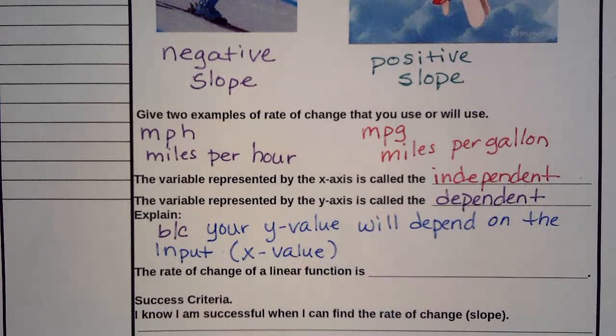So, think about the rate of change of a linear function. What is a linear function? Linear means it is a what? It's a line. The rate of change of a line is constant. It will not change.